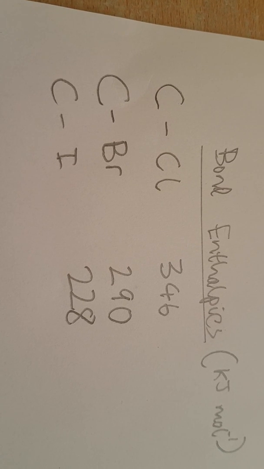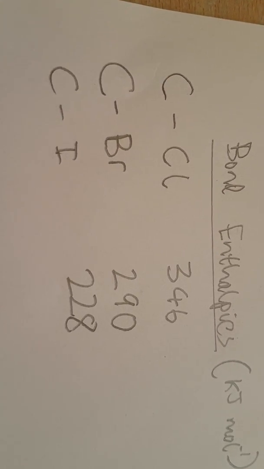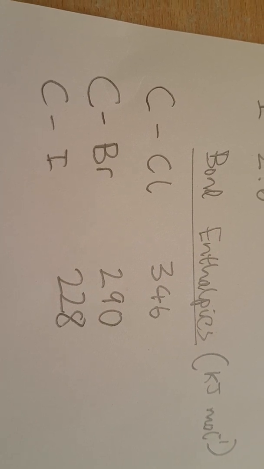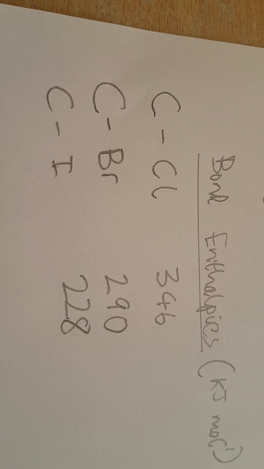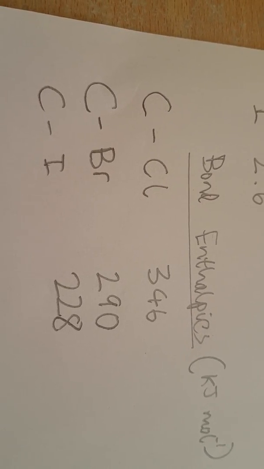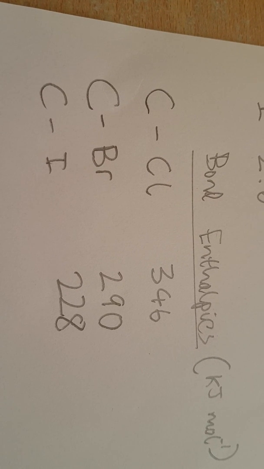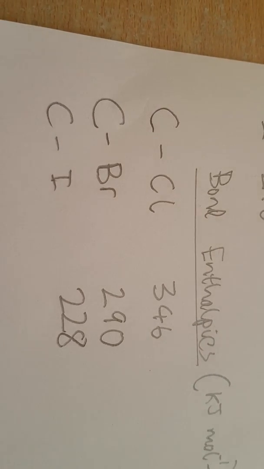So the C to Cl bond is the strongest of the 3 bonds, therefore it is the most difficult bond to break, and therefore from the bond enthalpy values the iodobutane would actually be expected to have the higher rate of reaction.